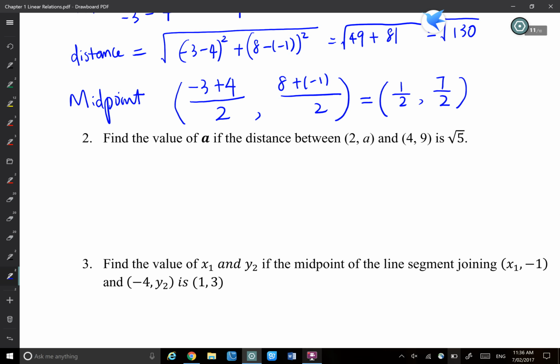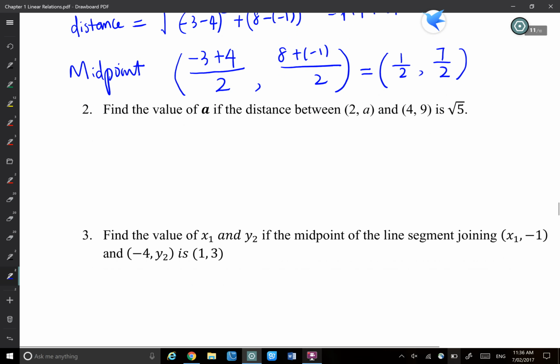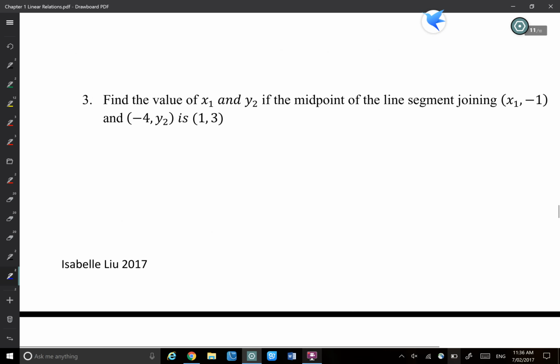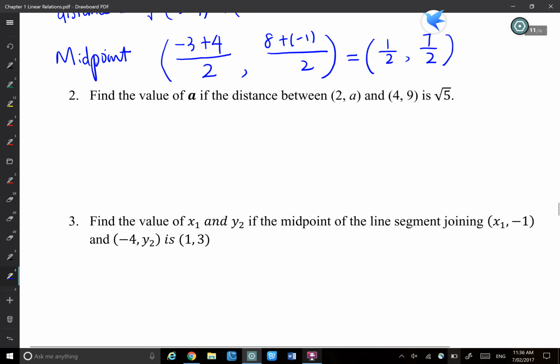For example 2. Find the value of A if the distance between (2, A) and (4, 9) is square root 5. I give you 2 points, but one value is missing, and I know the distance between them is square root 5. So let's write out the distance.